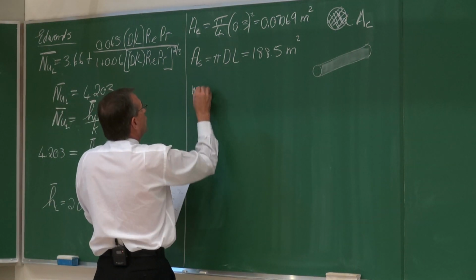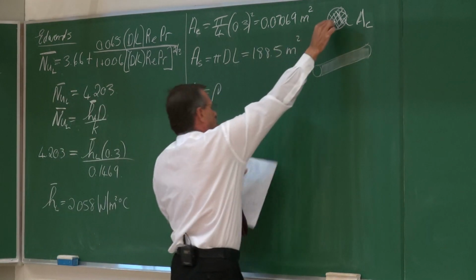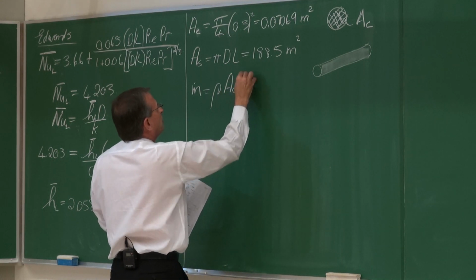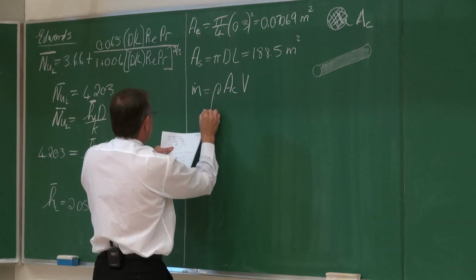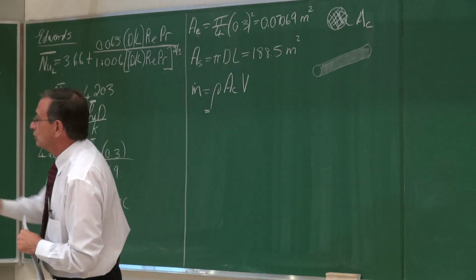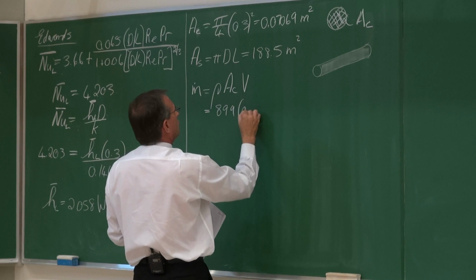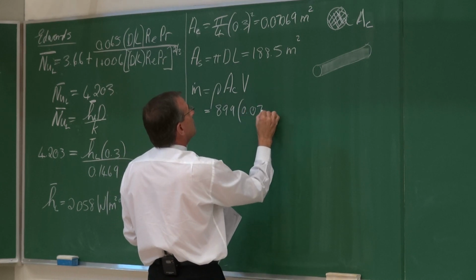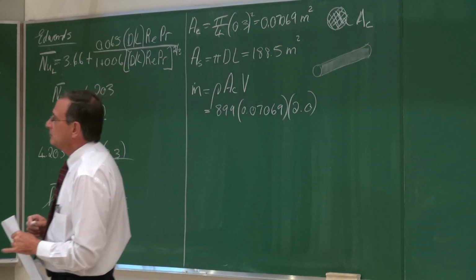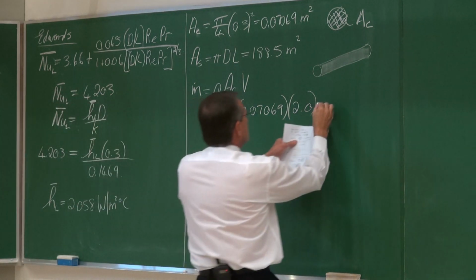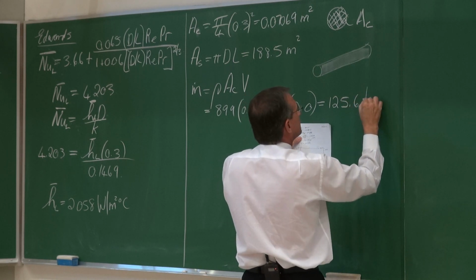The mass flow rate of the oil is equal to the density multiplied by the cross-sectional area multiplied by the average velocity. The density is equal to 899. The cross-sectional area, we've calculated, is 0.07069, multiplied by the velocity, 2 meters per second. And then that gives us a mass flow rate of 125.6 kilograms per second.